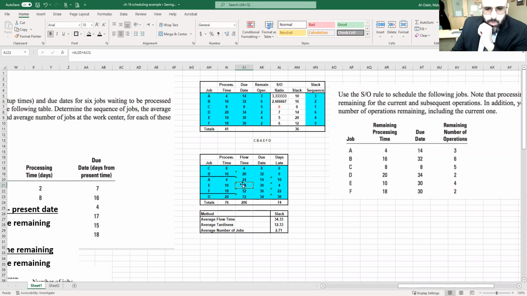So for example, here the 24 is coming from 20 plus 4. Same thing here, 24 plus 10, that would be 34. And 52 coming from 34 plus 8.